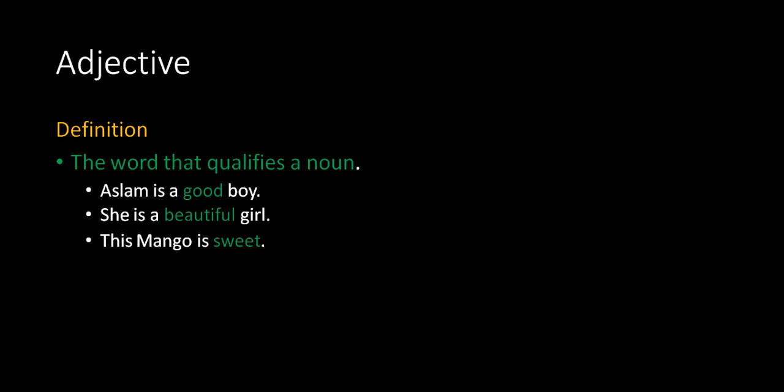Just like about a fan, you can say a big fan, white fan, Pakistani fan, Chinese fan, ceiling fan, GFC fan, park fan, beautiful fan, costly fan, cheap fan, dirty fan, clean fan. So many things you can say about fan, and fan is the noun. So any word that qualifies a noun is called an adjective. Understand?